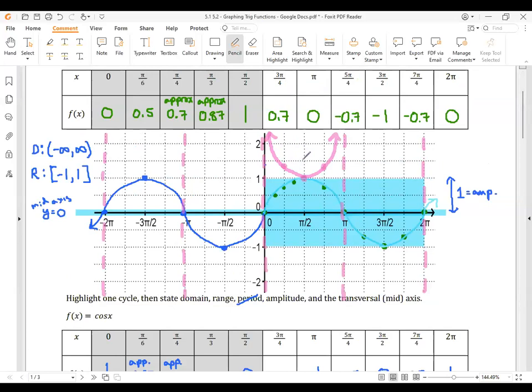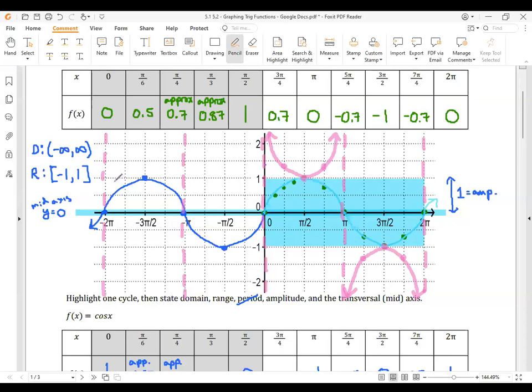It looks like this. Same thing here. Negative 1.4, 1, 1.4, and undefined. A cosecant curve looks like that.